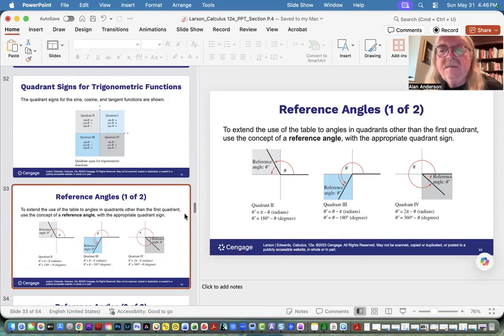Reference angles. The reference angle in a nutshell is this.